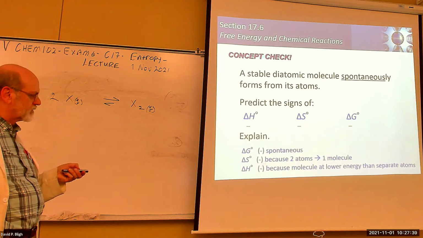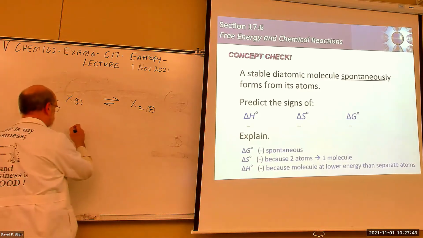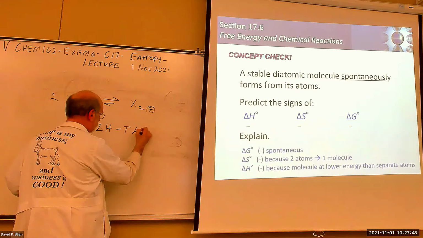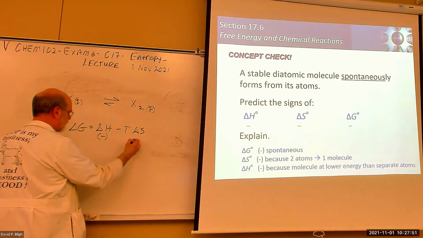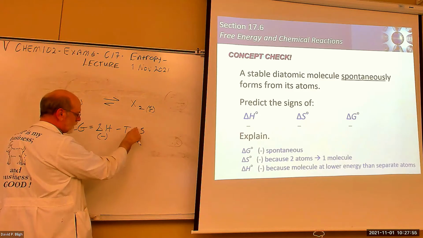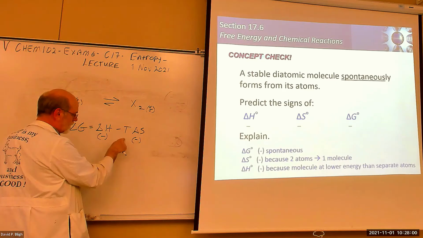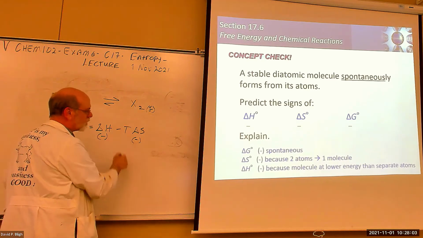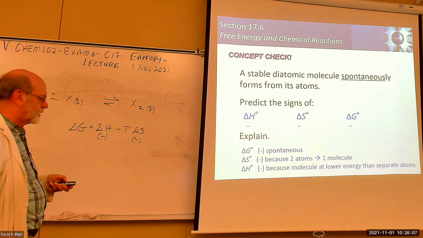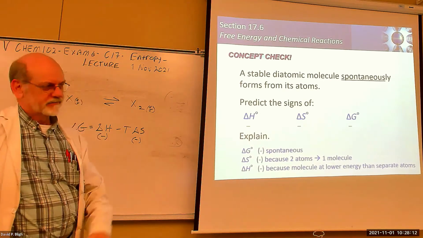If this one's negative and that one's negative, this one either has to be really small entropy, because it's going to be a positive term, or this term has to be very low temperature.